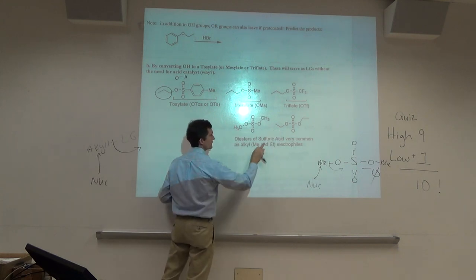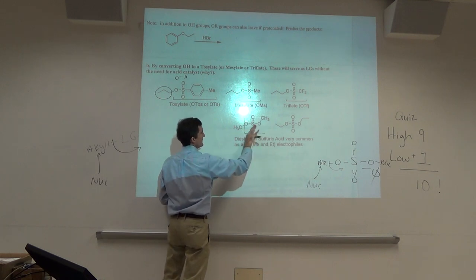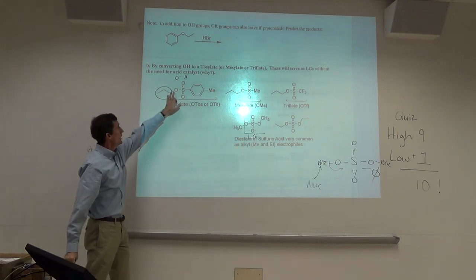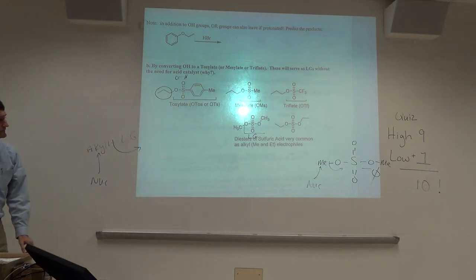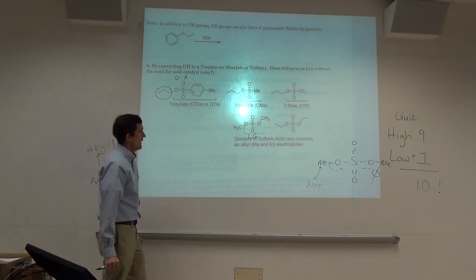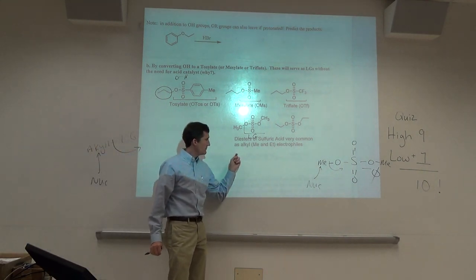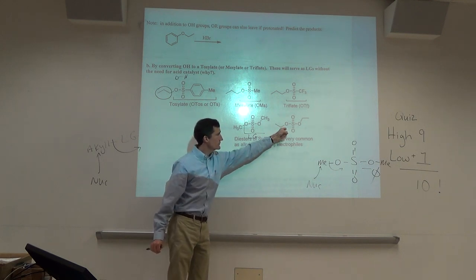Nucleophile attacking the methyl, nucleophile attacking the ethyl. This would be your Lg. O-sulfonyl R group, Lg. Tosylate's the most common at this stage. We do a lab in sometimes organic one. We're not doing it this semester where we use diethyl sulfate.